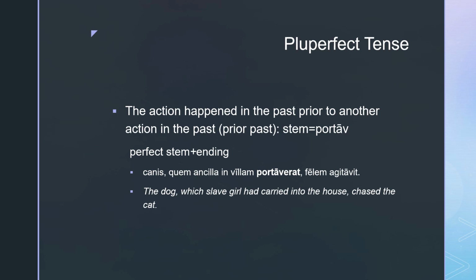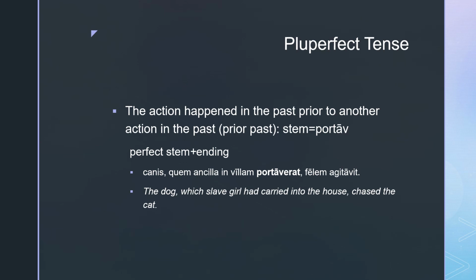We call it the prior past. So something that happened before perfect or imperfect. It's an action that happened prior to another action. So in English you use the helping verb had, H-A-D, had.